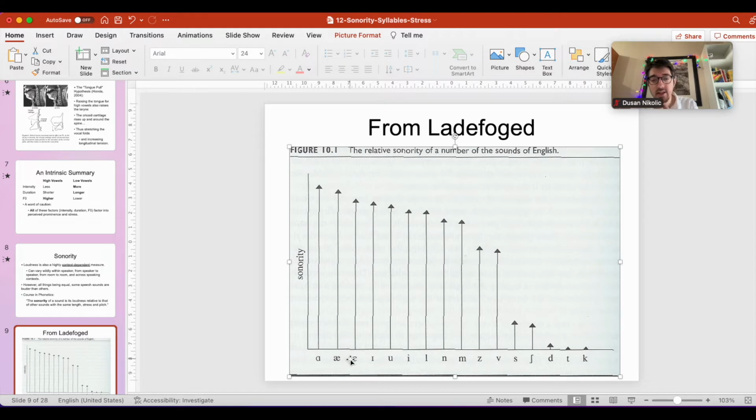Then we come to liquids, then to nasals, then to voiced fricatives, then voiceless fricatives, and finally almost no sonority observed on the scale are stop consonants, right?